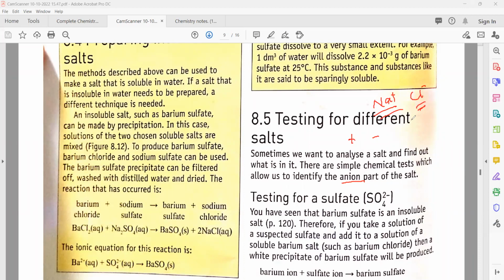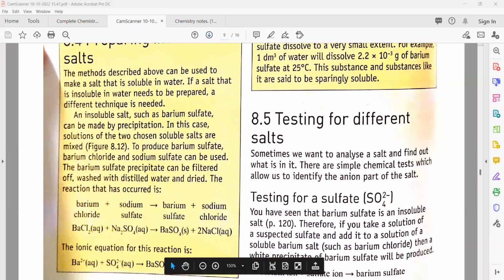Testing for sulfate, SO4 2-. It means it contains two more electrons in this form. So how can we find this out? With the help of chemicals.